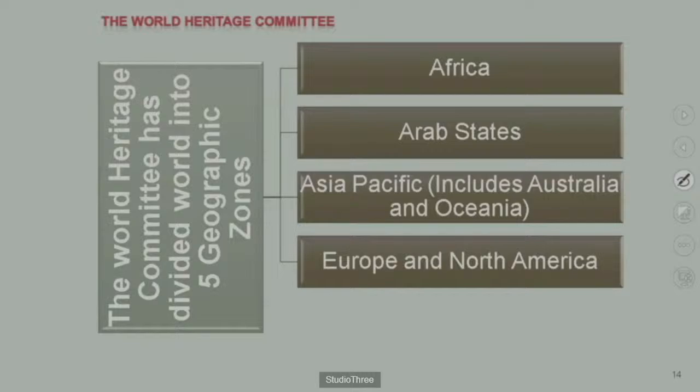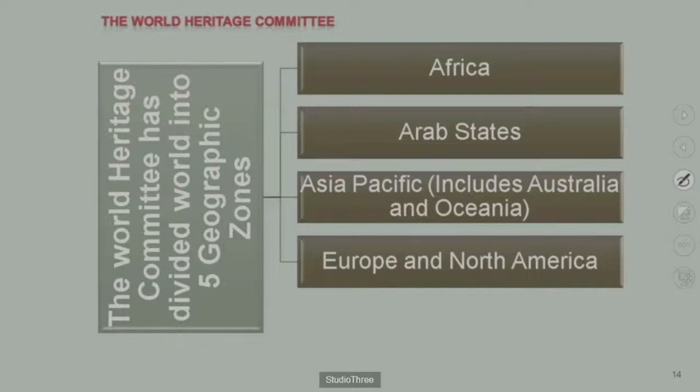You are the future of our nation, and when you grow up, definitely you will visit various parts of the world. And when you visit them, you will categorize these places as cultural heritage sites, natural heritage sites, and so on. Is it clear, friends? So this is for our today's session.